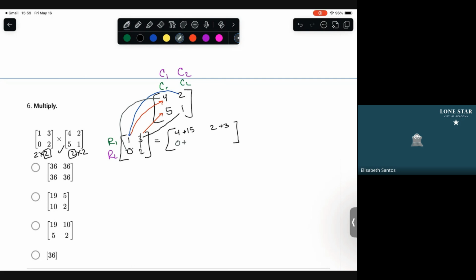And then 2 times 5, which is 10. And then 0 and 2, which is 0. 2 times 1 is 2. And then go ahead and simplify that. 15 plus 4 is 19. This is 10. 5, 2. So this would be our answer.